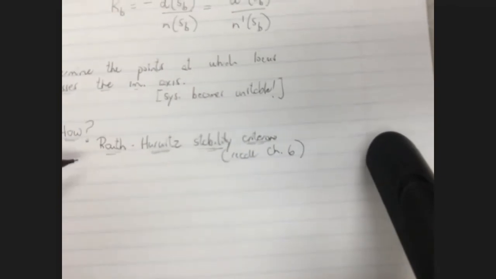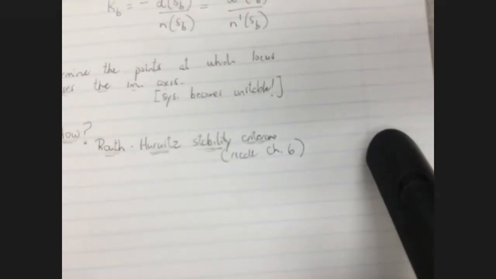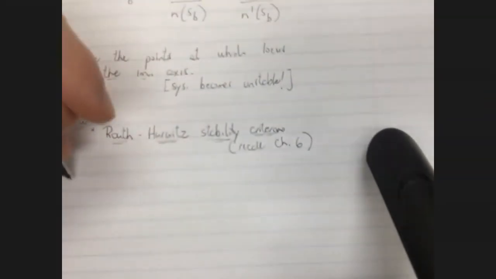One important thing: we apply the Routh-Hurwitz stability criterion, but to what? We apply Routh-Hurwitz to the denominator of the closed loop TF.